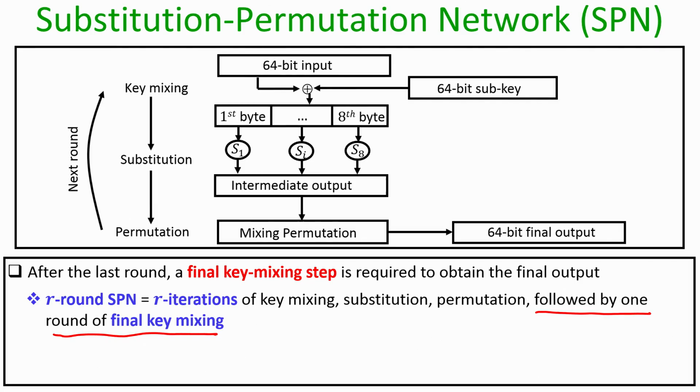So, if I do not apply this final iteration of the key mixing at the end of the rth iteration, then it is as good as saying that the effect of the rth iteration substitution step and the permutation step is not going to be applicable. So, that is why this final key mixing step is useful.